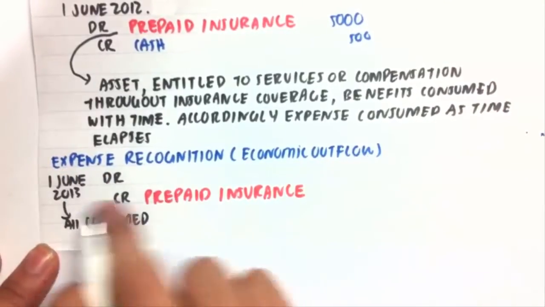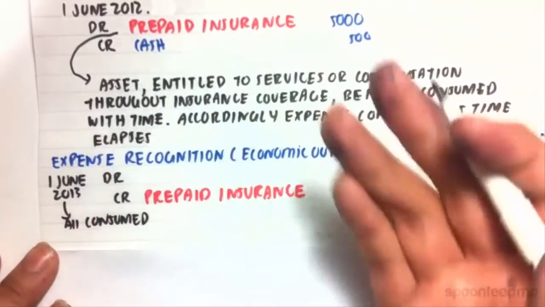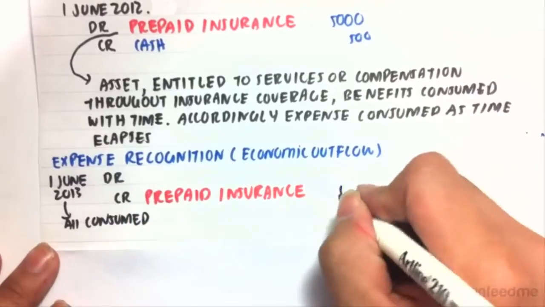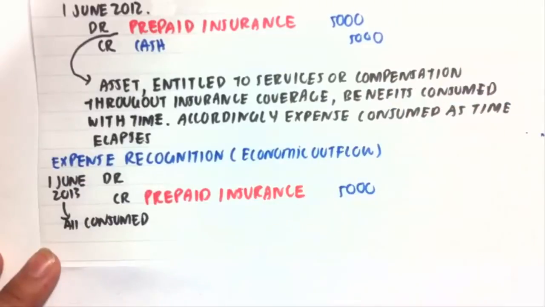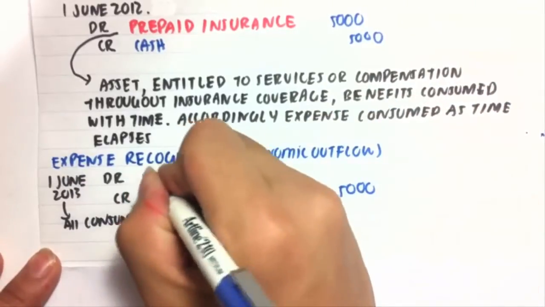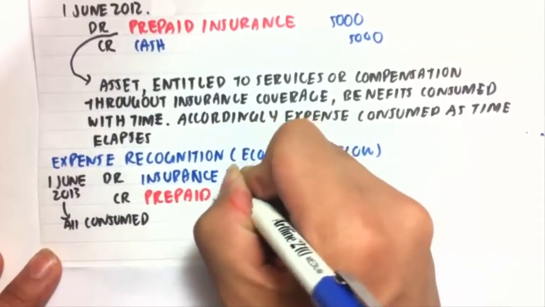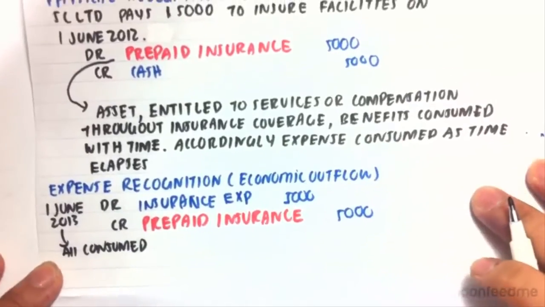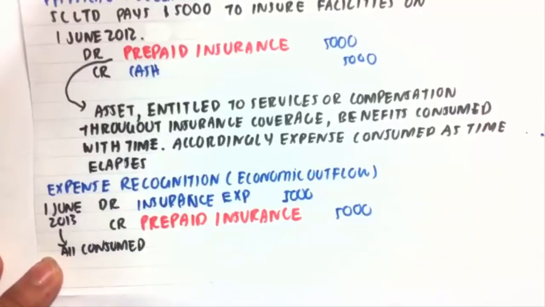Say on the 1st of June 2013, a whole year after the insurance is paid and therefore expired, we credit the prepaid insurance of $5,000. And then we debit insurance expense of $5,000.